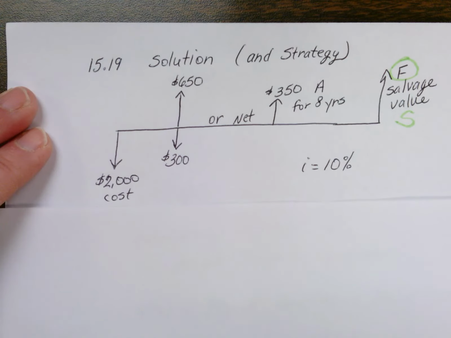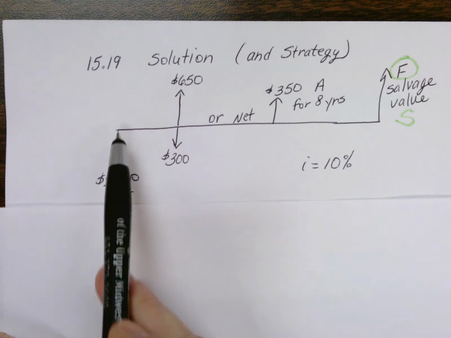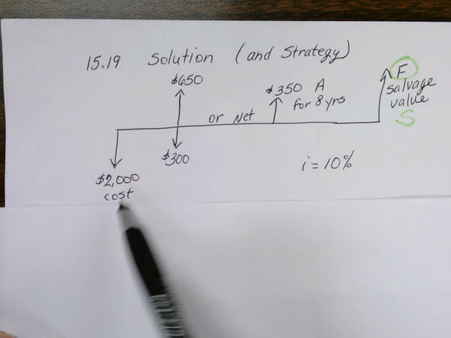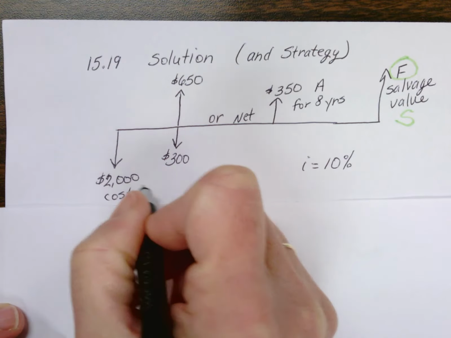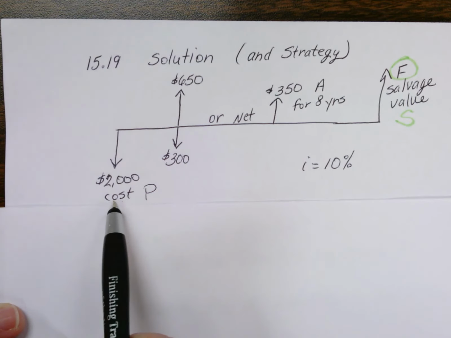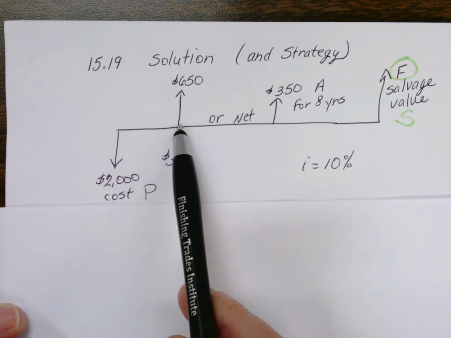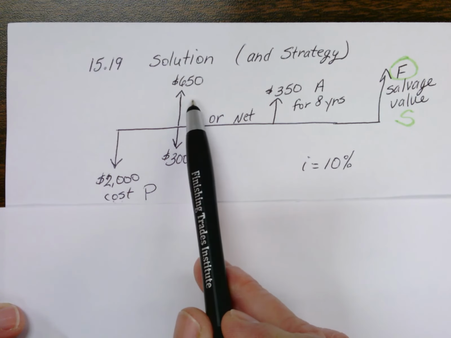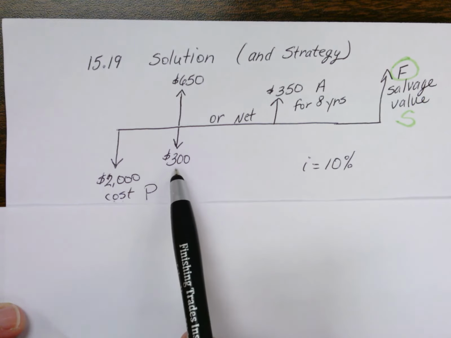So for this problem, for the proposed investment, which is buying a machine, it initially cost $2,000. That already is in terms of P, right? That is P, present value of this potential machine. There are two cash flows. A cash flow in that happens regularly, $650, and a cash flow out that also happens at regular intervals of $300.